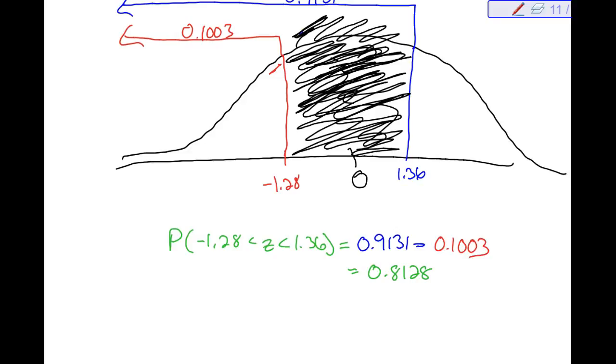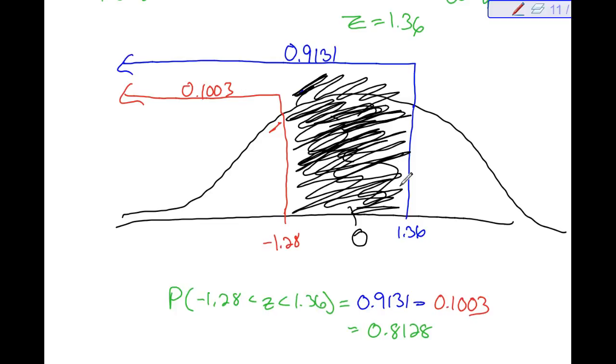So anytime they're in between, you have to look them both up and then subtract the probabilities. Do not actually subtract the z-scores. Subtract the probabilities after you have looked them up. Okay?